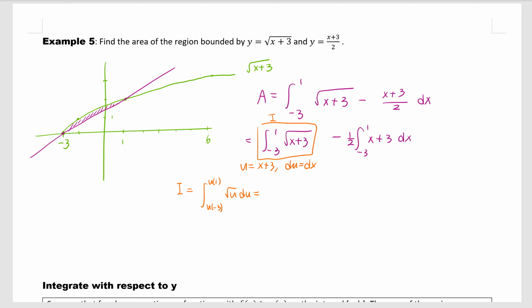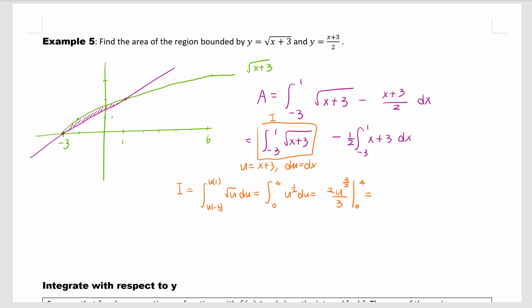So I equals this, and this is u to the 1/2, right? When we plug in x is minus 3, u is 0. When we plug in 1, we get 4. So this is the integral of u to the 1/2 du. The integral of that is u to the 3/2 over 3/2, but the half, you flip it on top.